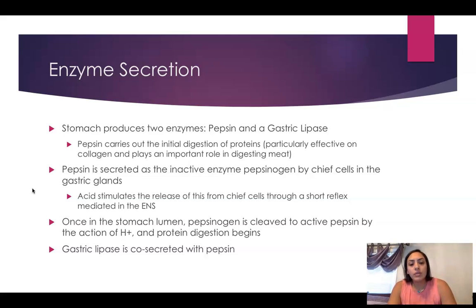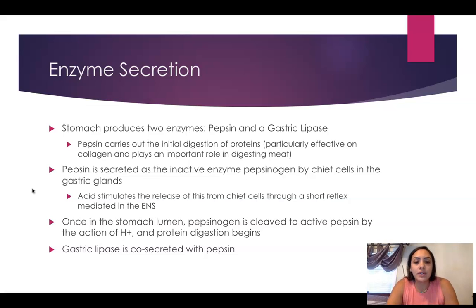Once in the stomach lumen, pepsinogen is cleaved to active pepsin by the action of hydrogen ions and protein digestion begins. The gastric lipase is co-secreted with pepsin. So when pepsin is secreted, gastric lipase is also secreted, but they both do different things.